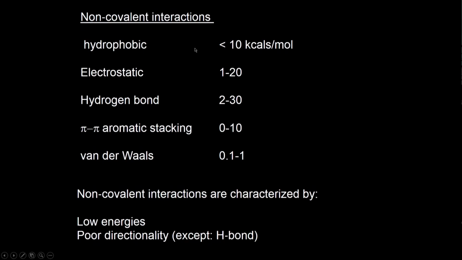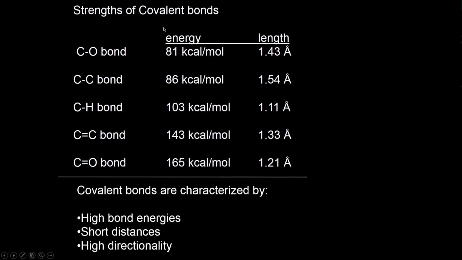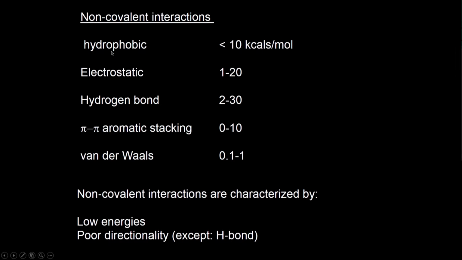So if you look at the non-covalent interactions, we looked at covalent interactions. This is non-covalent: hydrophobic interactions, that is hydrophobic groups like CH3, C2H5. The energies are very little, less than 10 kilocalories. Look at these numbers: 1 to 20 for electrostatic, hydrogen bond 2 to 30, pi aromatic stacking 0 to 10, van der Waals 0.1 to 1.